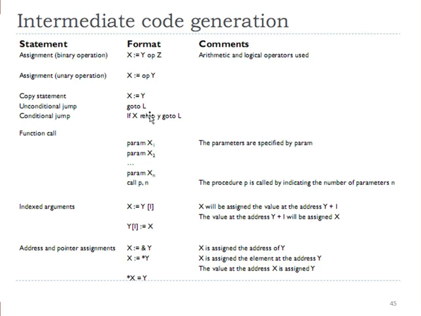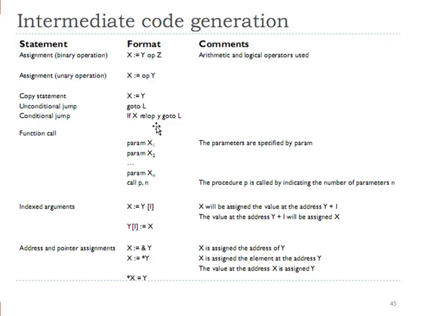Conditional jumping: if we have such conditional jumping in our source program, we can represent it in three address code as if X relational operator Y goto L. This is the condition.